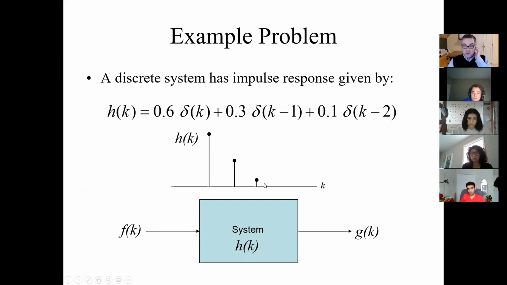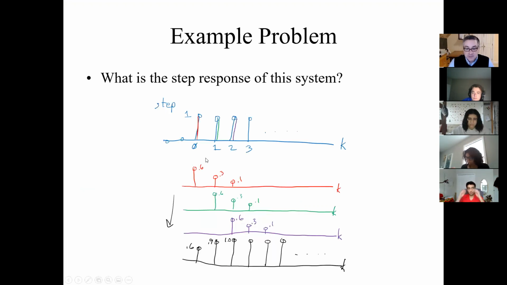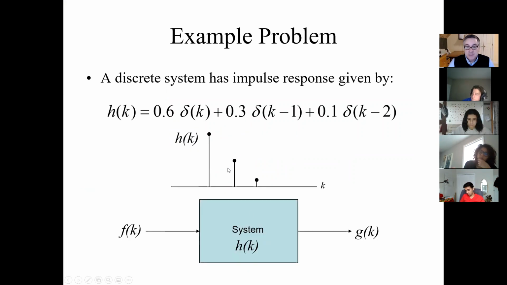Okay, and so the first thing we looked at, and basically where we left off, was, okay, could we compute the step response of this system? And the answer is sure, because, well, what we know, right? Anything we put in, we just do a convolution with this and we can compute the output.